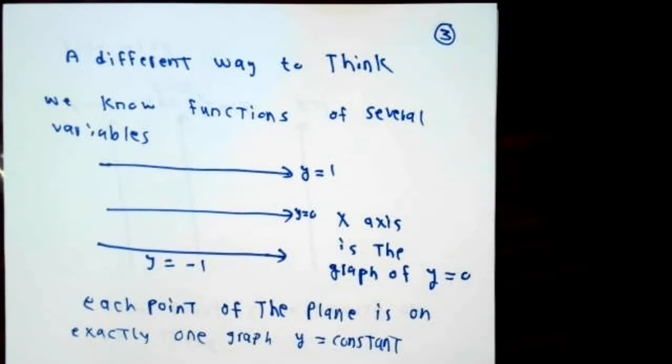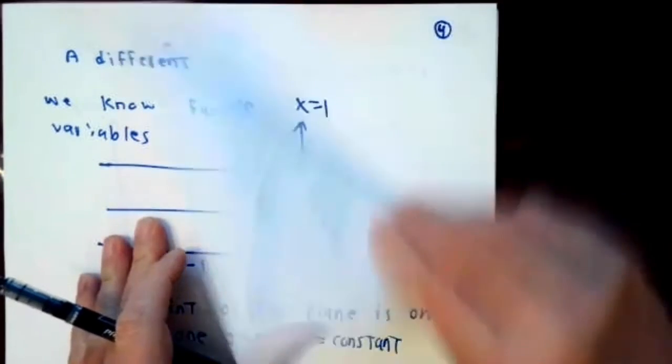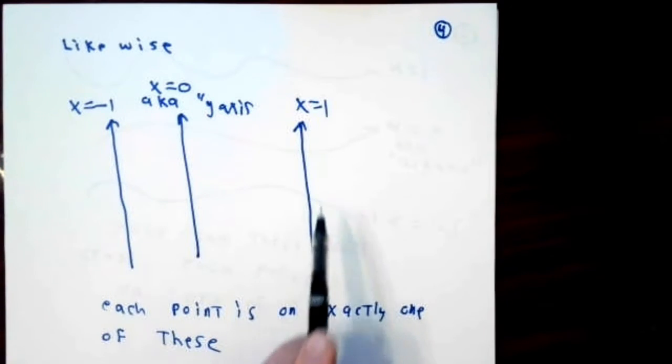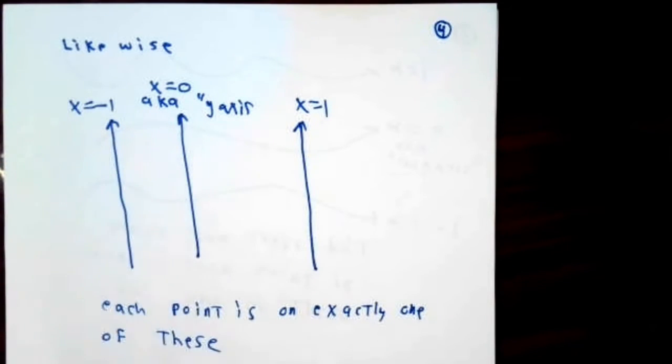Every point in the plane is on exactly one of those horizontal lines. Likewise, if you draw the graph of the equation x equals 0 in 2 dimensions, you get the y-axis. You can have x equals 1 or x equals -1. Every point is on exactly one of those lines.